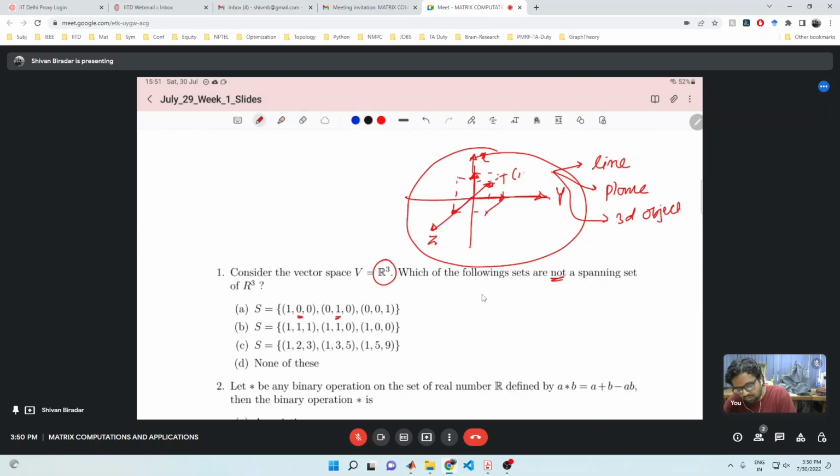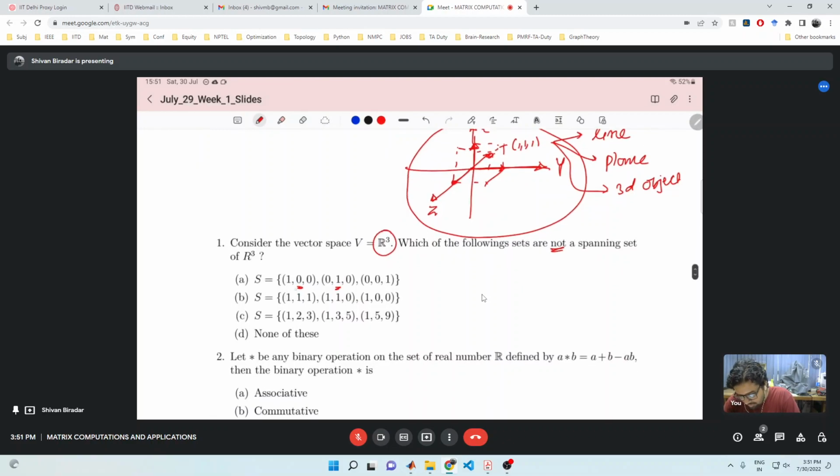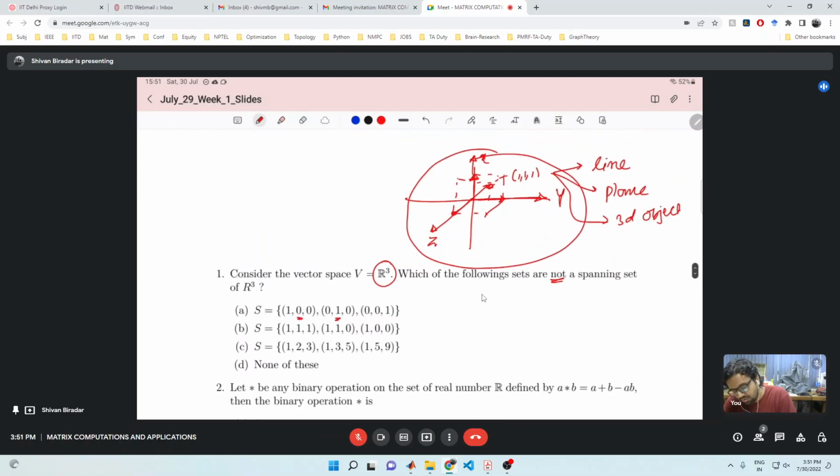That would be (1, 1, 1). So these three vectors can span your whole R3 space.